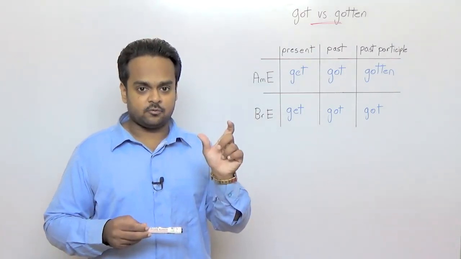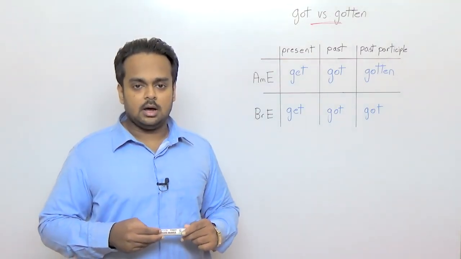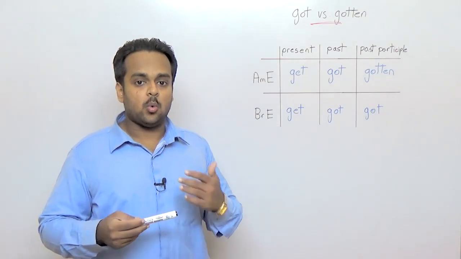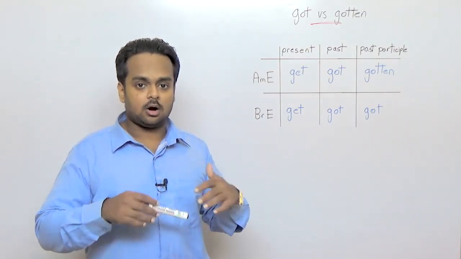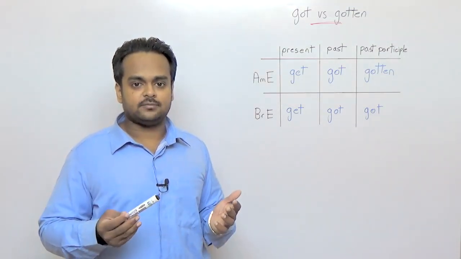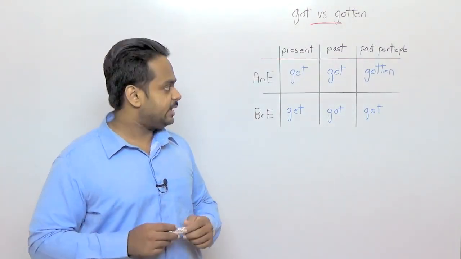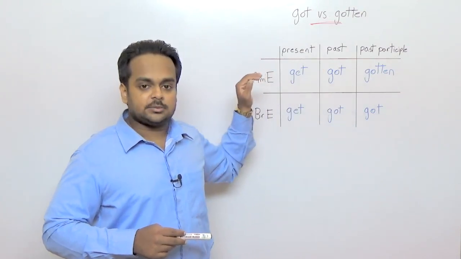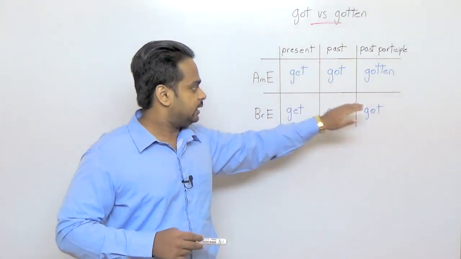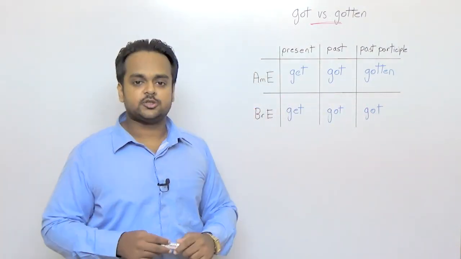Done is that third form, that past participle form. In the same way, go, went, gone are the three forms of the verb go. So gone is the past participle. In the same way, gotten is the past participle of get in American English, and got is in British English.